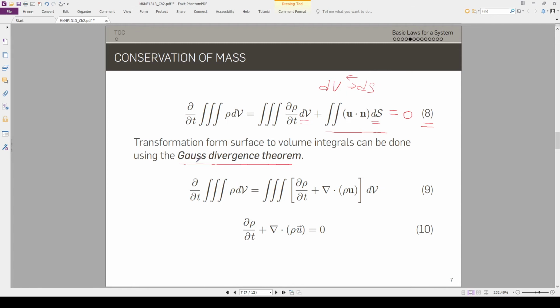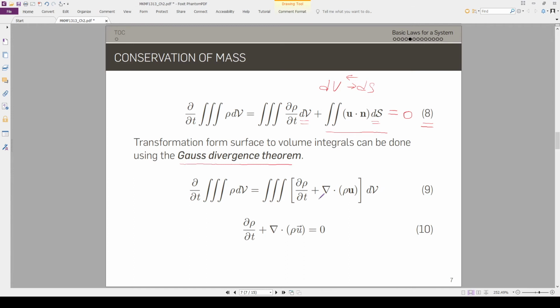By applying the Gauss divergence theorem, we can convert the second term in equation number 8 from a surface integral into a control volume or volume integral.